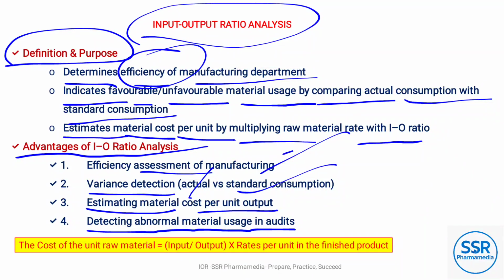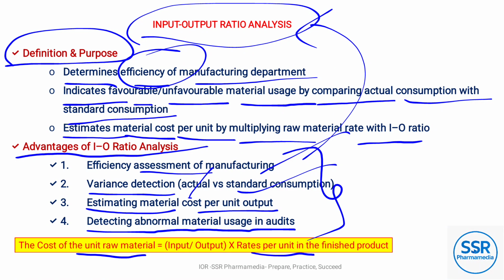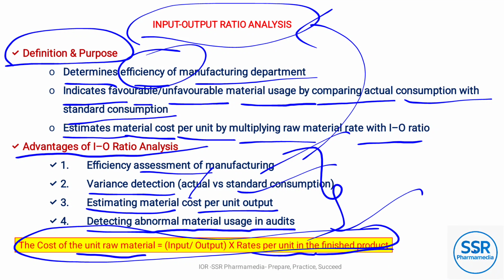So these are all very important advantages of input-output ratio analysis. The cost of raw material per unit is equal to input divided by output, multiplied by the rate per unit in the finished product. So this formula is very important. Using this formula, we will see the calculation.